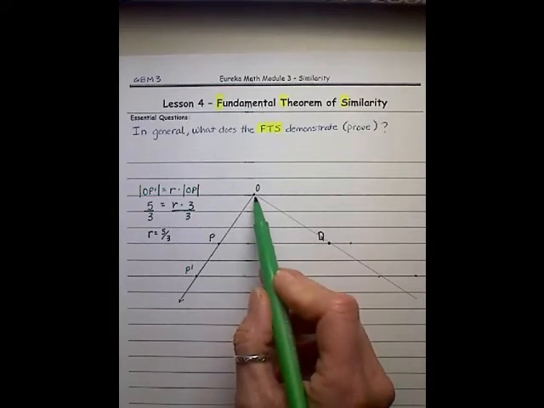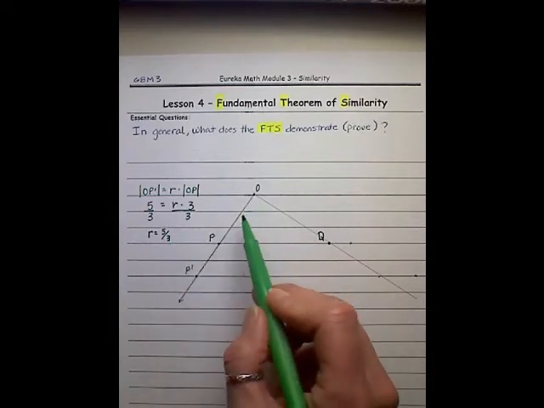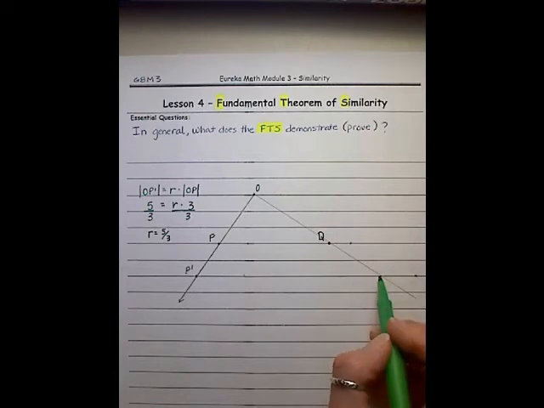Then using the scale factor of 5/3, Q' would be right here.